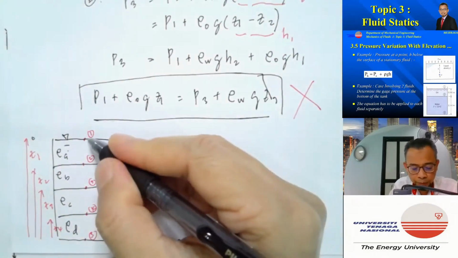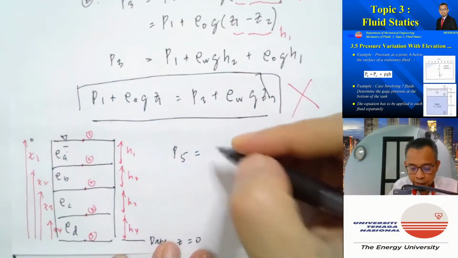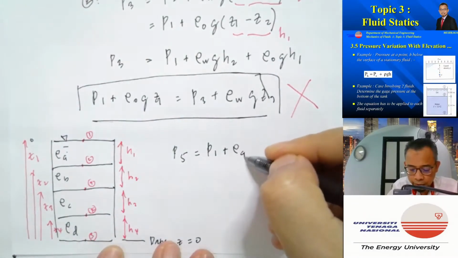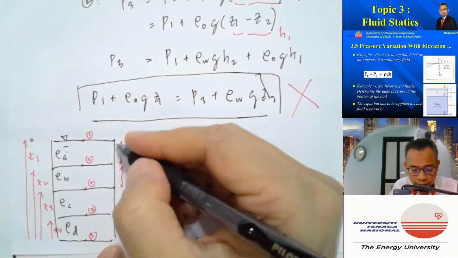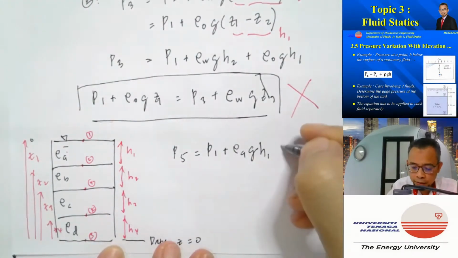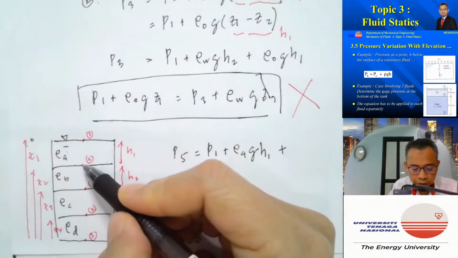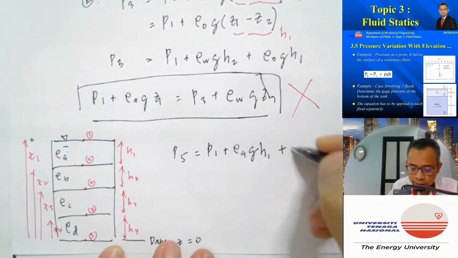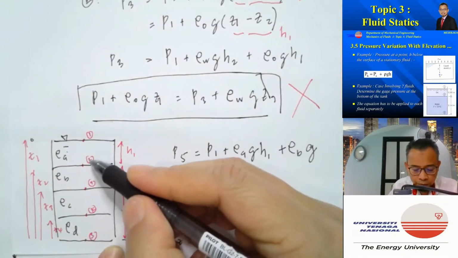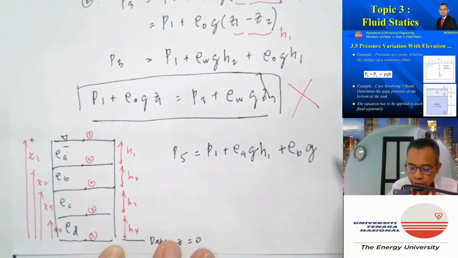So I can easily write the equation for P5. P5 will be equal to P1, which is PATM, plus rho A G (Z1 minus Z2), which is H1. That gives me the pressure here, plus rho B G (Z2 minus Z3), which is H2.